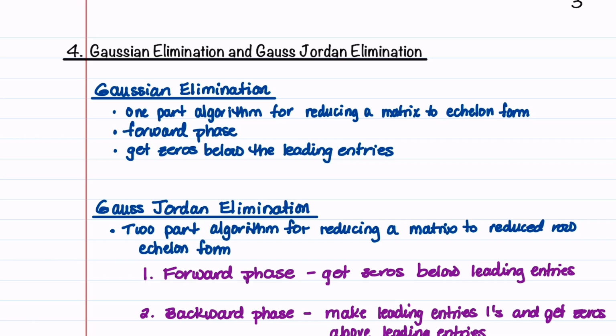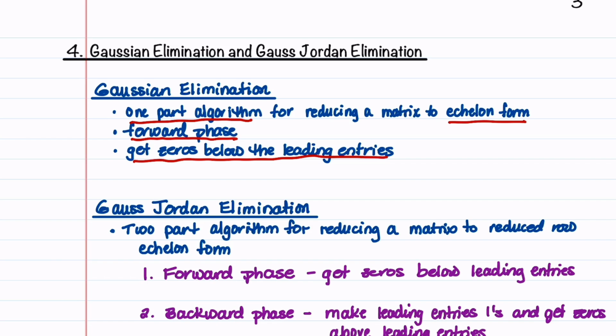Let's now talk about Gaussian elimination and Gauss Jordan elimination. Gaussian elimination involves a 1-part algorithm for reducing a matrix to echelon form. This algorithm consists of what we call a forward phase, and the main goal is to get zeros below the leading entries.